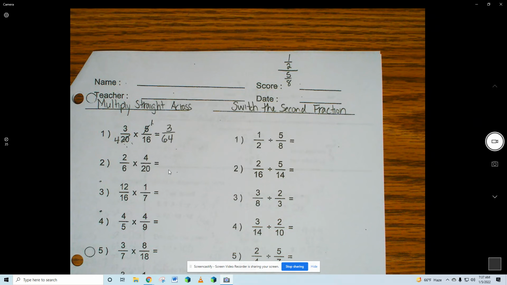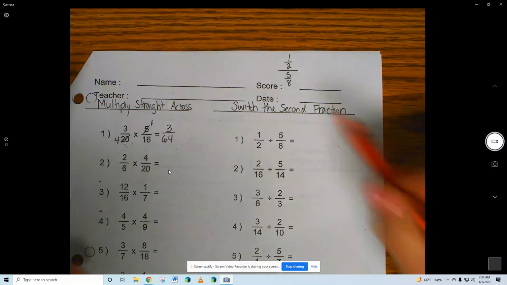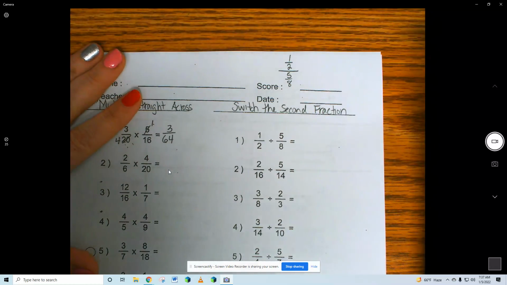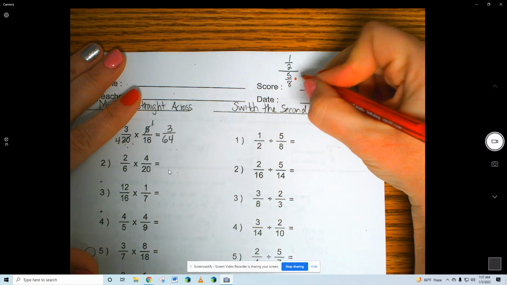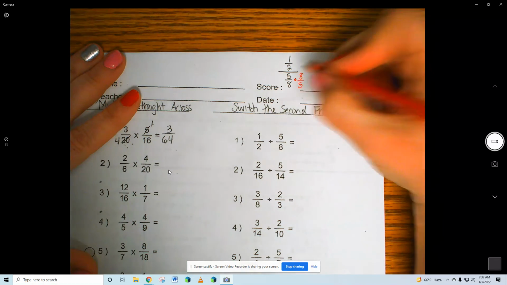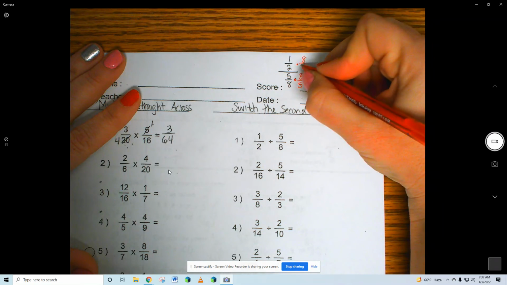The reason that I switch only the second fraction is because in this denominator, I can't have 5/8. So I need to get rid of the 5/8. I get rid of the 5/8 by multiplying by the reciprocal, 8/5. Whatever I do to the bottom, I do to the top.